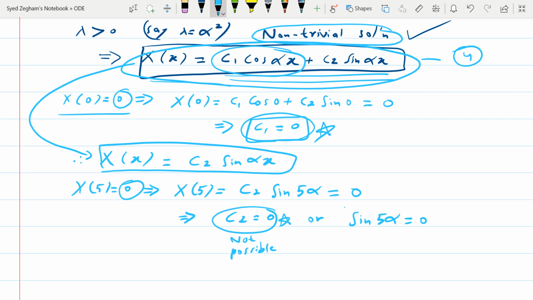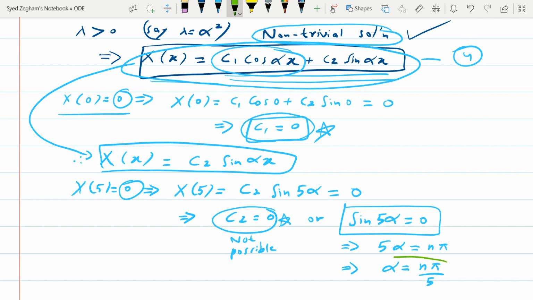So what are we left with? We are left with sine 5 alpha should be equal to 0. And this gives me, using simple trigonometric rules, that 5 alpha should be equal to n pi. And this gives me that alpha will be n pi over 5. So another condition we have obtained now.